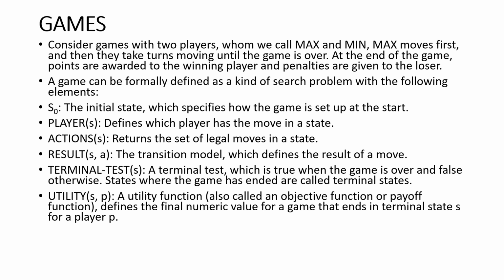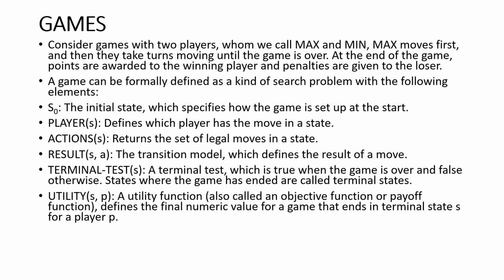Then the next element is utility. Utility(S, P) is the payoff function that assigns a numeric value to the outcome, and it is defined only for terminal states. We can say that win is +1, loss is -1 and draw is 0.